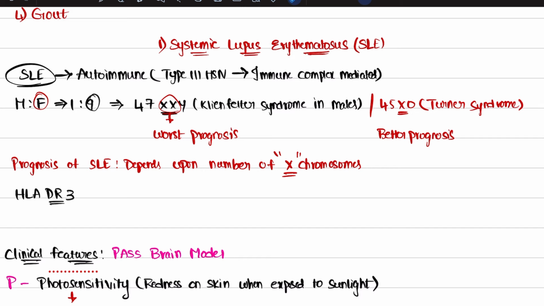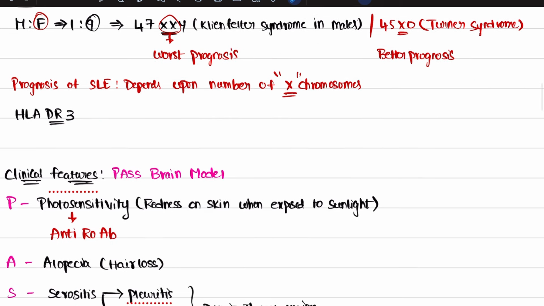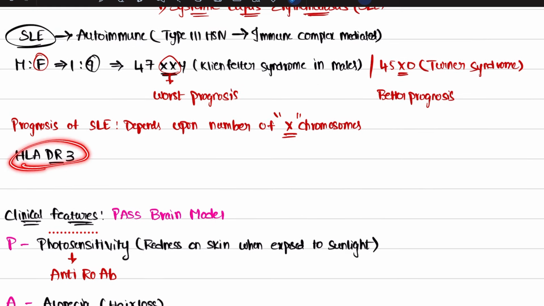It mostly affects females when compared to males. In Klinefelter syndrome, there is XXY, so the prognosis depends mostly on the X chromosomes. If you have more X, there is a worse prognosis. We finished that, and it belongs to HLA-DR3.